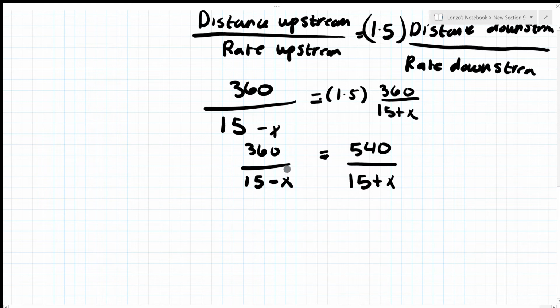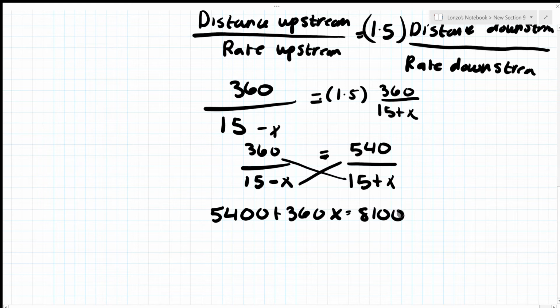So now we can cross multiply. Let's cross multiply this and cross multiply that. So on the left you get 5400 plus 360x equals 8100 minus 5400x. Okay, so now our goal is to solve for x.